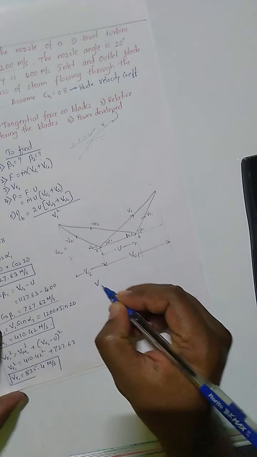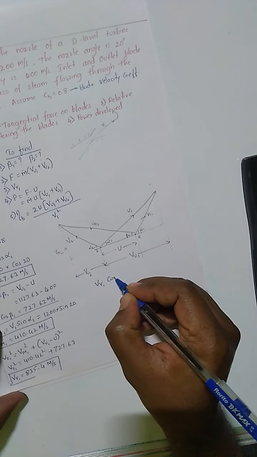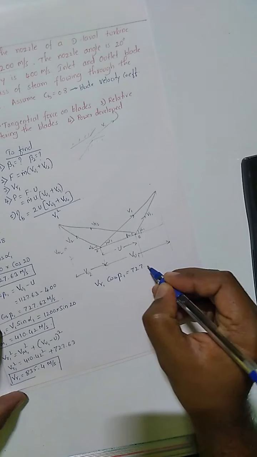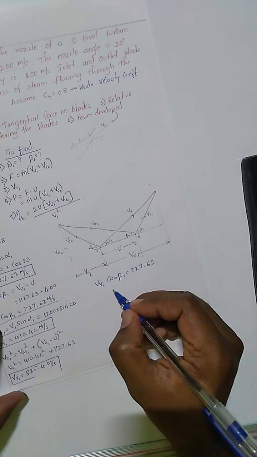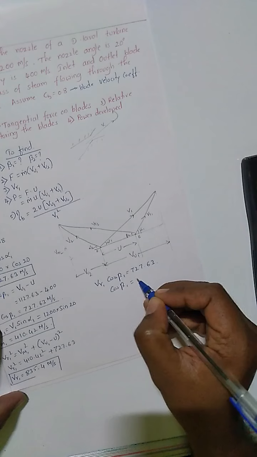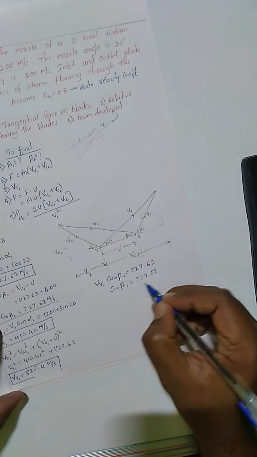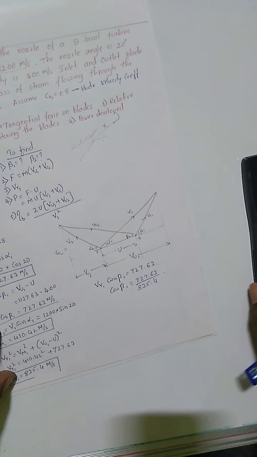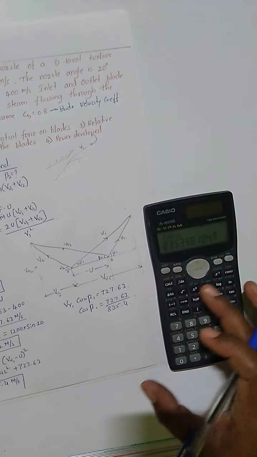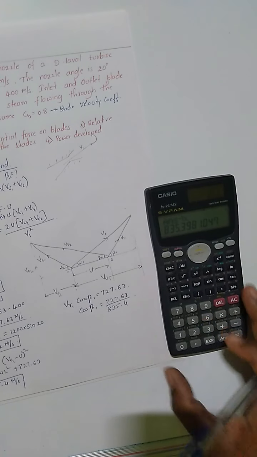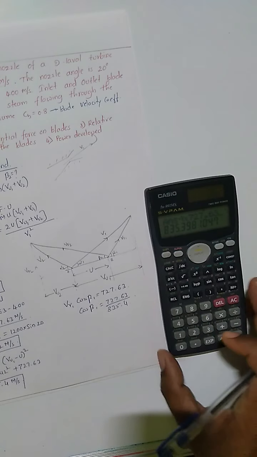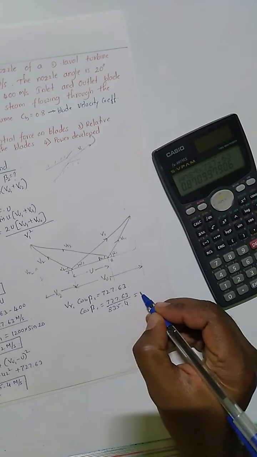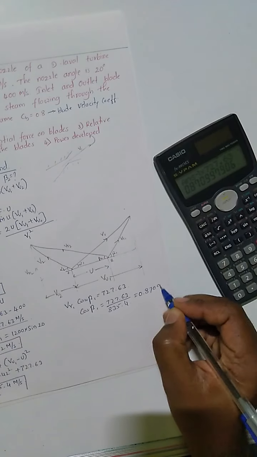Now we can find beta 1. We know that VR1 cos beta 1 is 727.63, so cos beta 1 is 727.63 divided by VR1, which is 835.4. We get 0.8709.